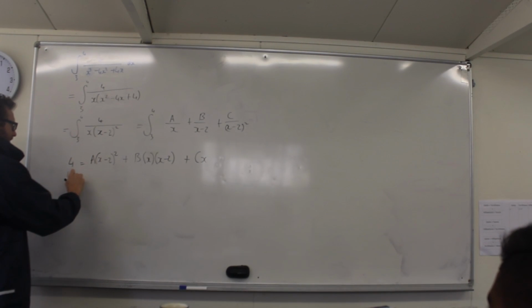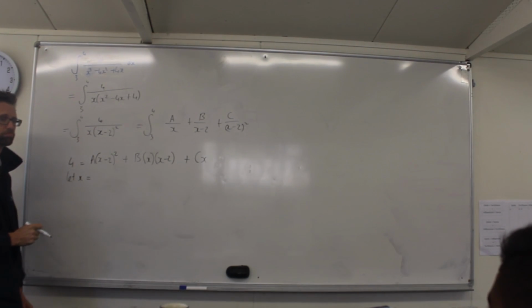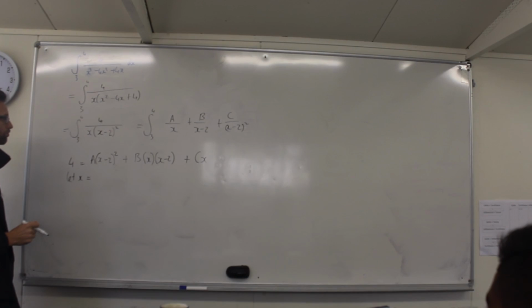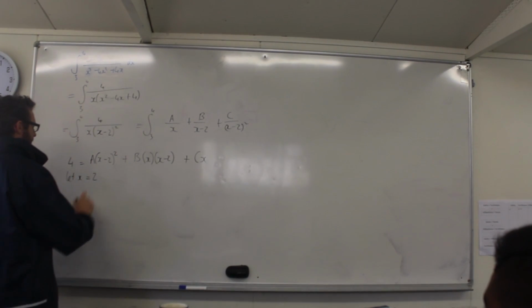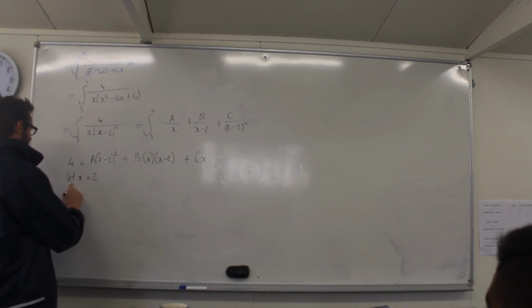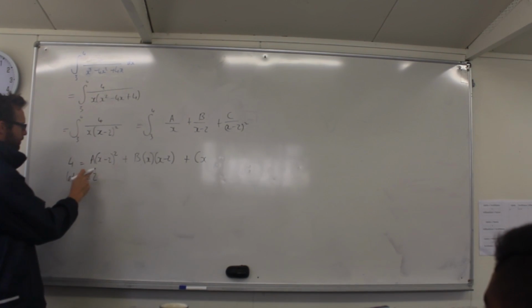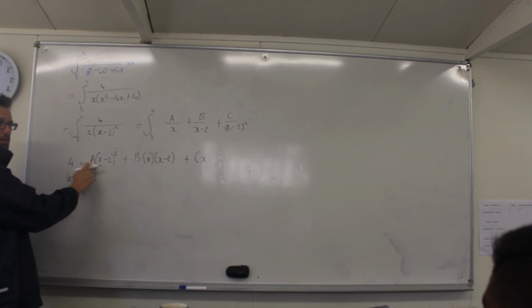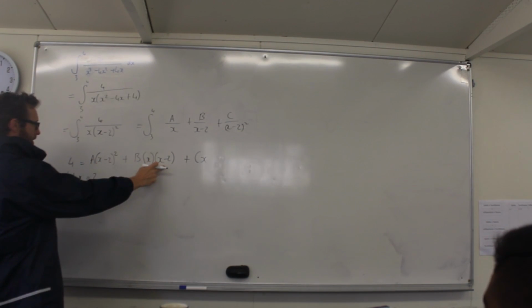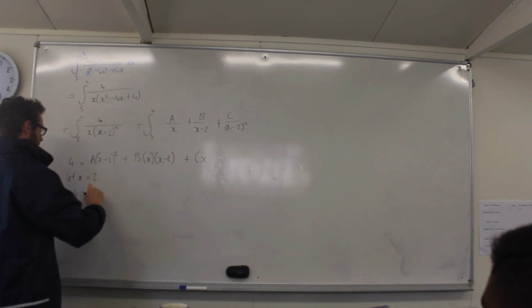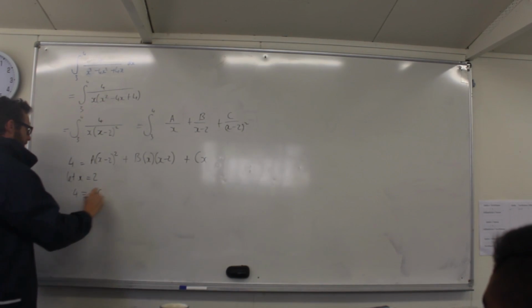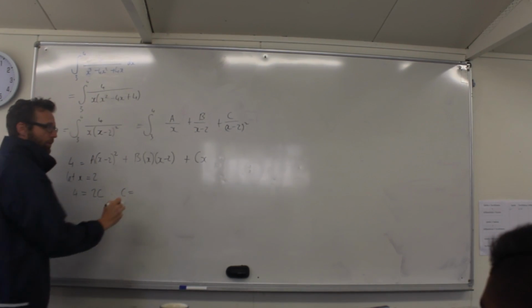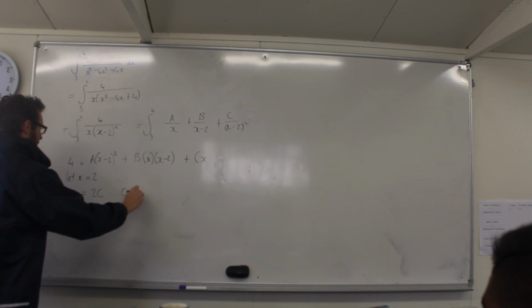We could say let x equal, suggestion, 2. Yep. Okay. So therefore we're going to have 4 equals, that's gone, isn't it? That's gone. And we're going to have 2c. So c equals 2.